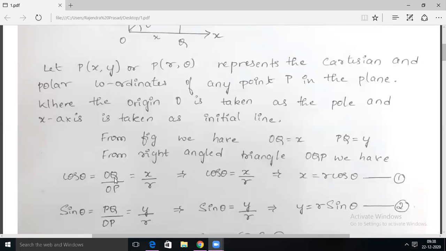OQ we shall take as x and OP we shall take as r. So obviously cos theta is equal to x by r.